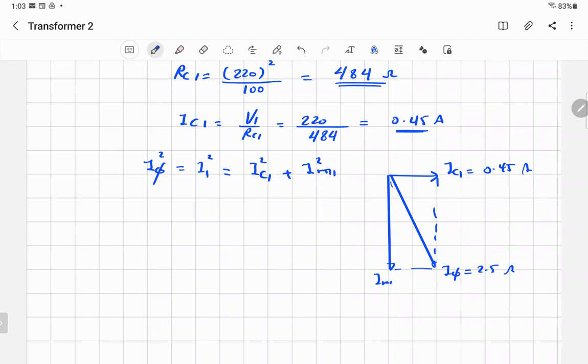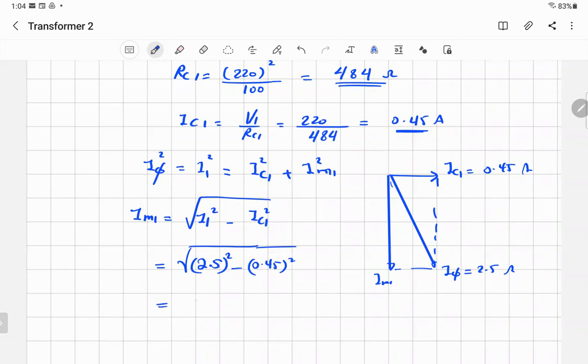That's IC1, that's IM1, it makes a figure. So if you want to find IM1, we'll say I1 squared minus IC1 squared, square root. I1 in this case was 2.5 amp squared, and IC1 we got 0.45 squared, and then you get IM1.